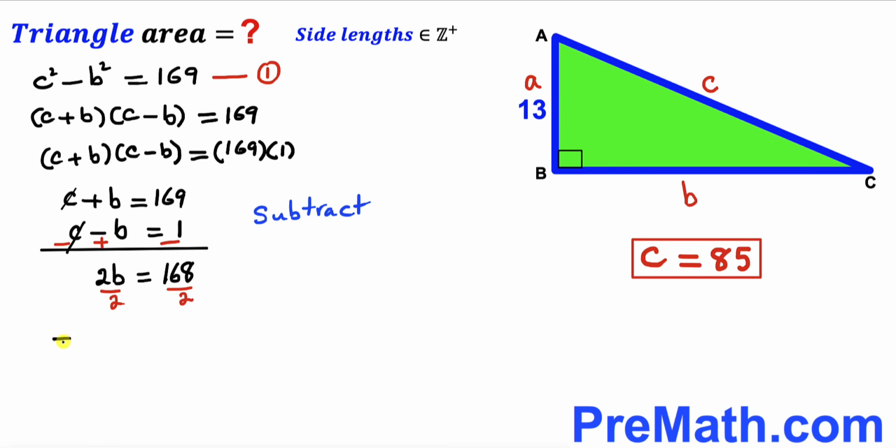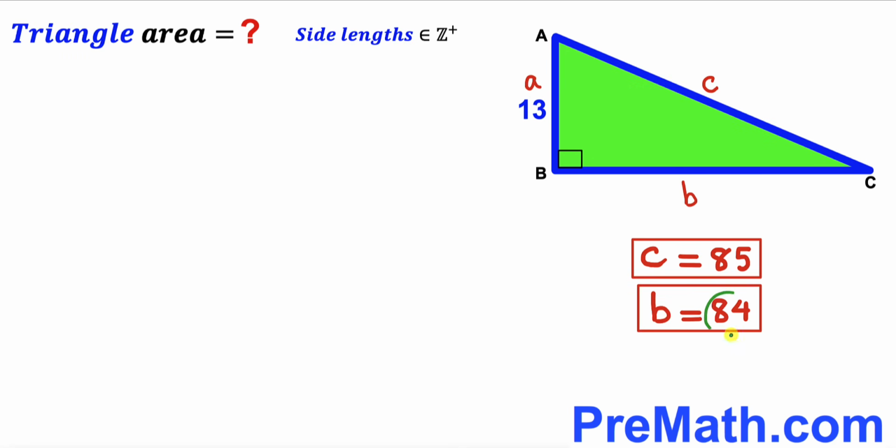So our lowercase b value simply turns out to be 84 units. Now let's make an observation. We can see this side b is indeed a positive integer as well. So our b value turns out to be 84 and the c value is 85.